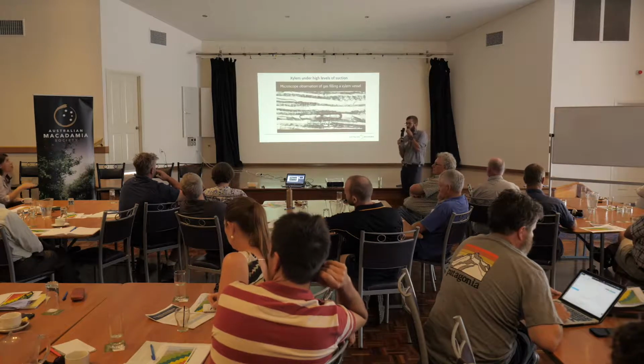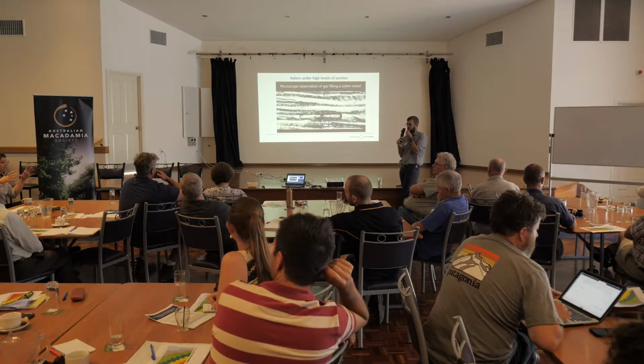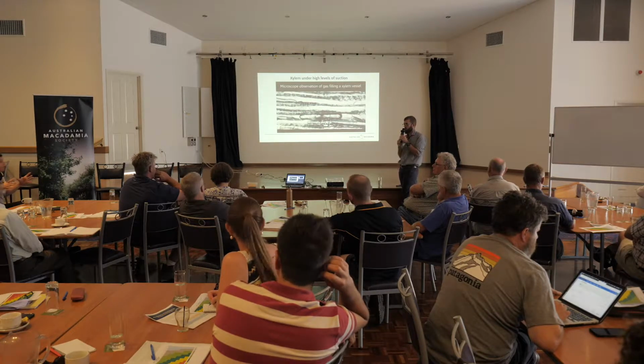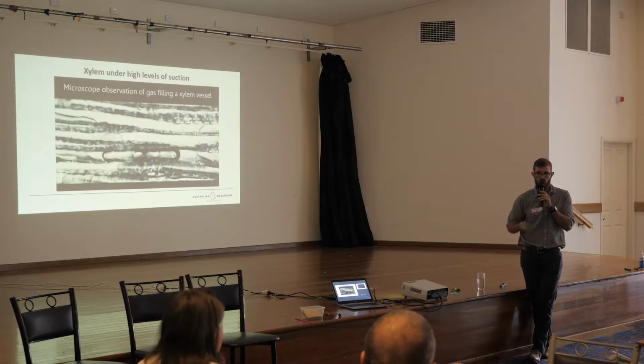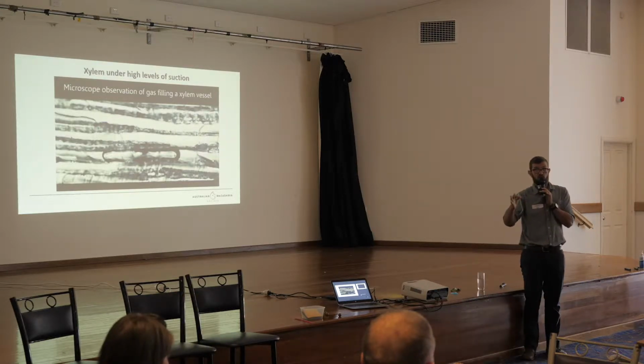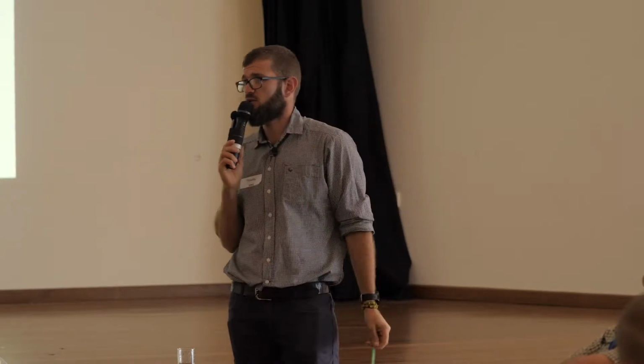So Theunis, on a rudimentary level, is stem diameter a measure of tree health or tree hydraulic conductivity? So that's, must I repeat the question? Yeah. So the question is, is a stem diameter an indication of tree health? Not necessarily an indication of tree health though.